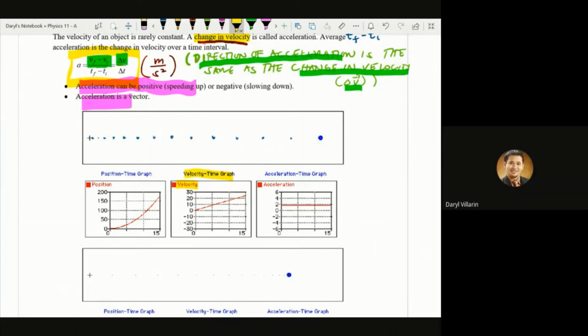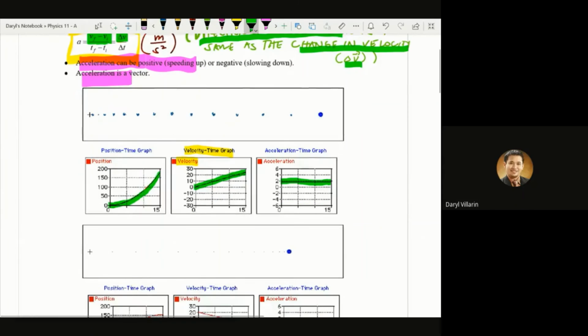The change in velocity against time is constant. Remember that a straight horizontal line tells you that the acceleration is constant. But in the position time graph, it is not straight, so it's changing. The position increases, the magnitude being distance, against time.